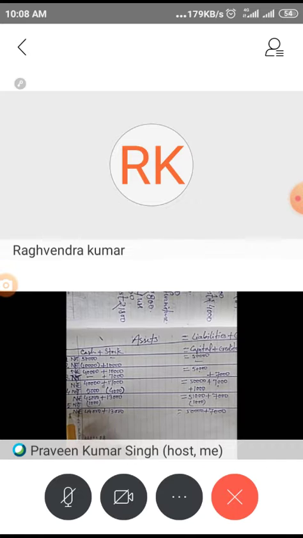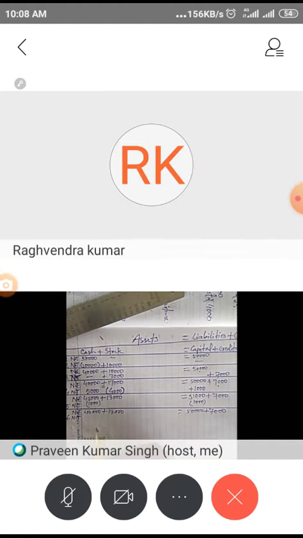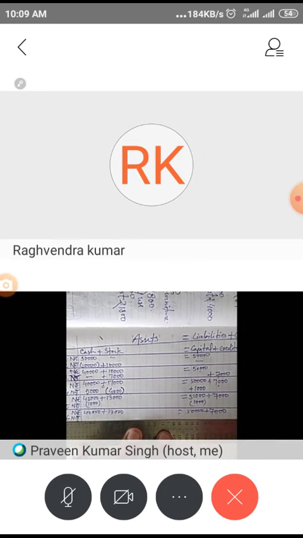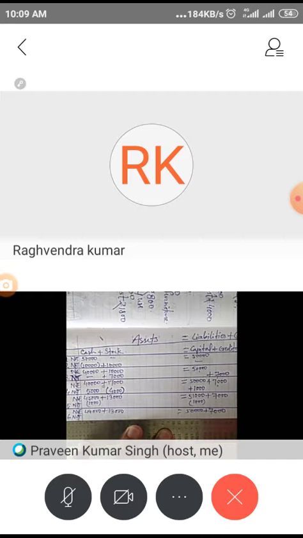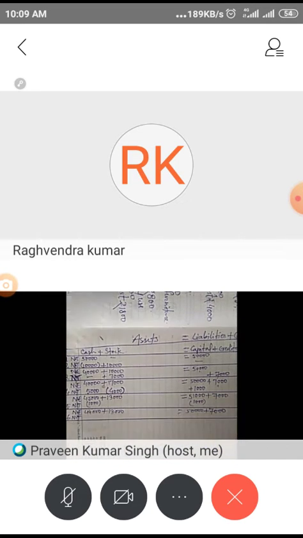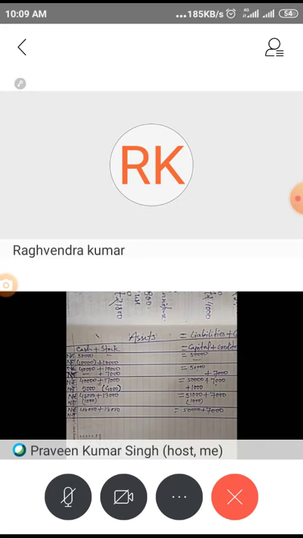Now the sixth new transaction is saying salary outstanding rupees 1200. So when salary is outstanding, in this case cash is not going, and salary is our expense also.